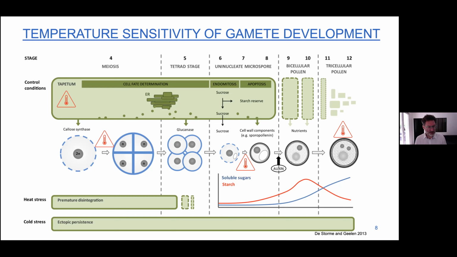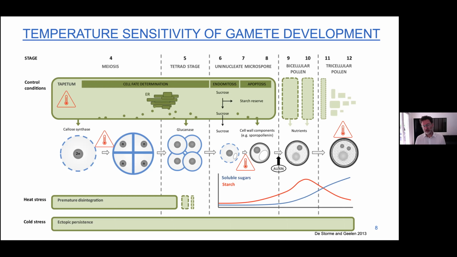In the case of the tapetum, this sensitivity relates to defects in the tapetum development. For pollen to develop normally, the tapetum has to undergo apoptosis at a given moment. And in fact, it has to happen exactly during microspore development. When it happens too early, which is something that can happen upon heat stress, then microspores cannot develop properly.